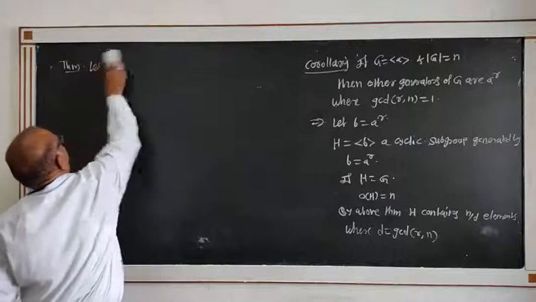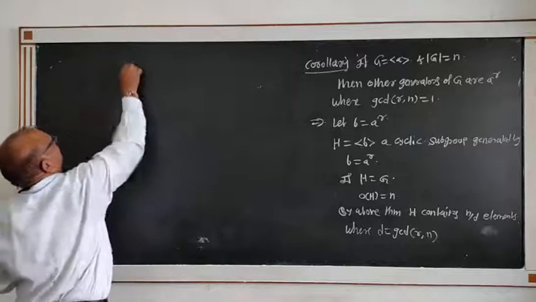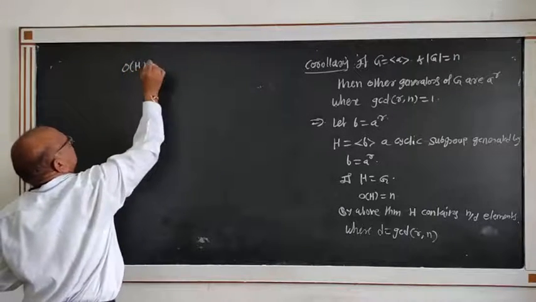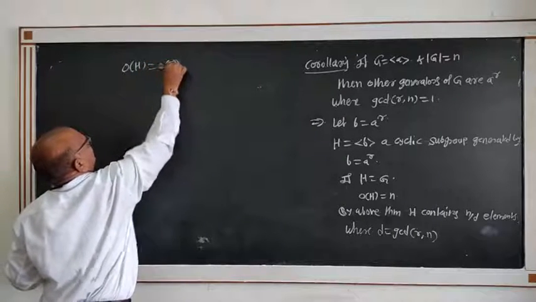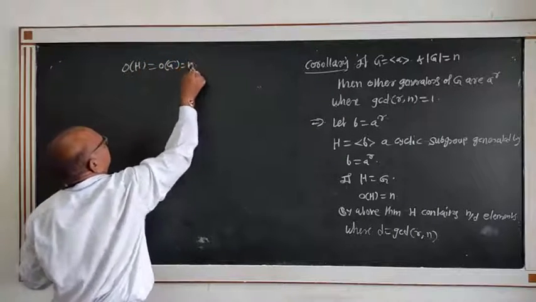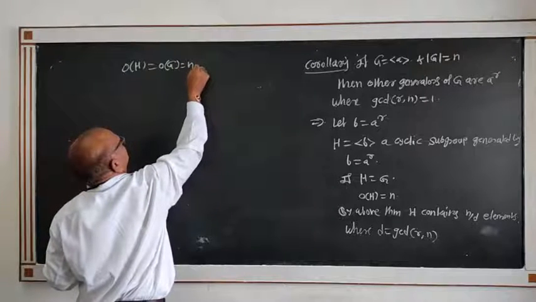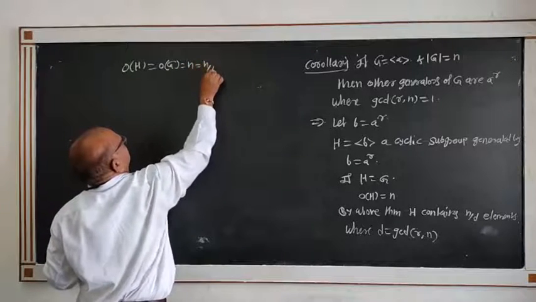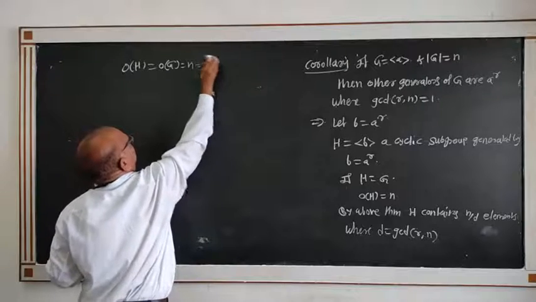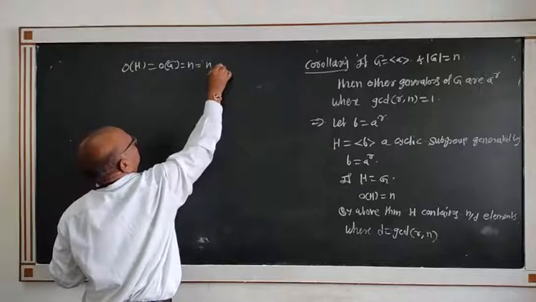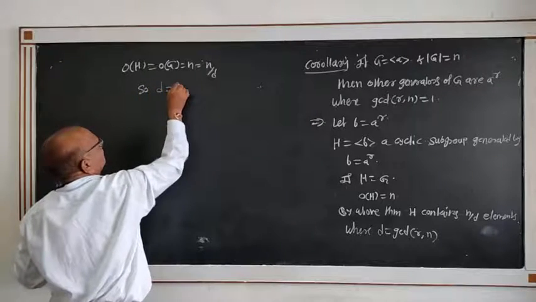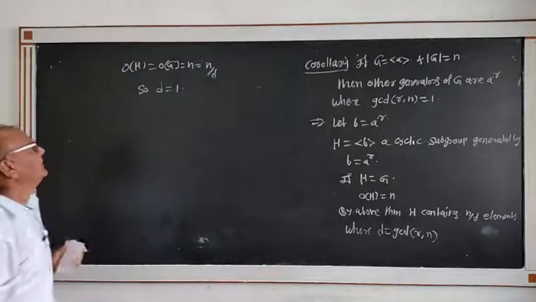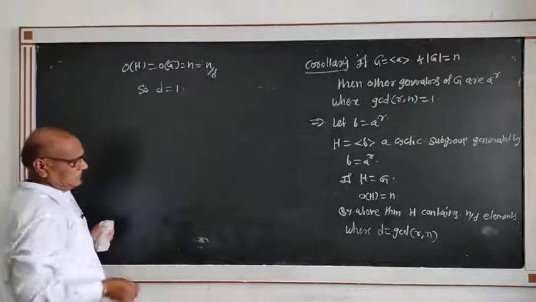Here the order of H is equal to the order of G, which is equal to n. That means n by d, and so d is equal to 1.